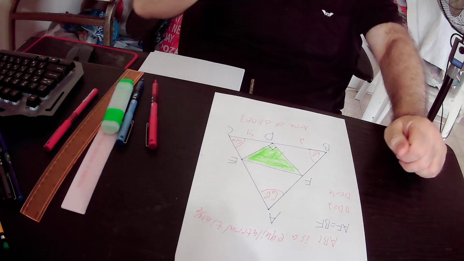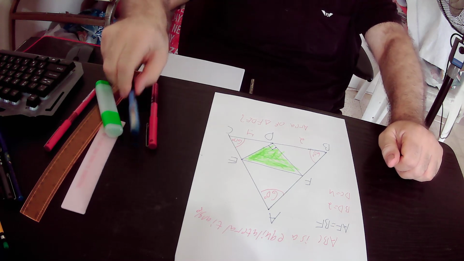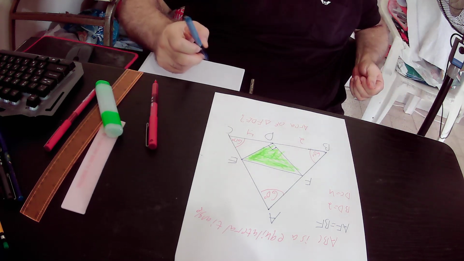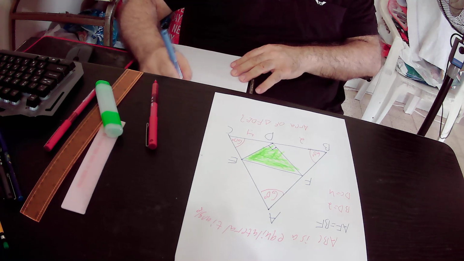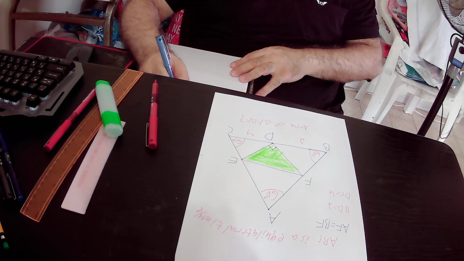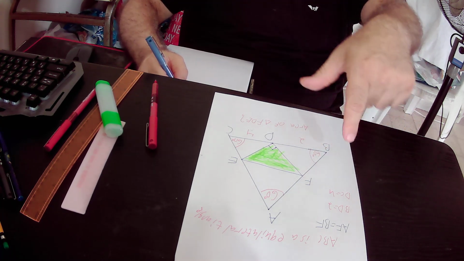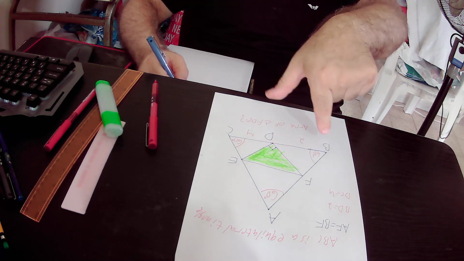And all the sides of an equilateral triangle are equal to each other. That is to say, AB equals AC equals BC.